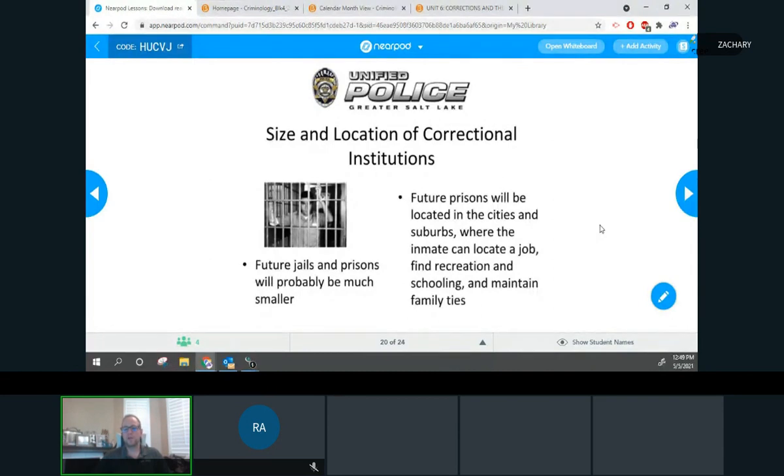Future prisons will be located in cities and suburbs where inmates can locate a job, find recreation and schooling, and maintain family ties.